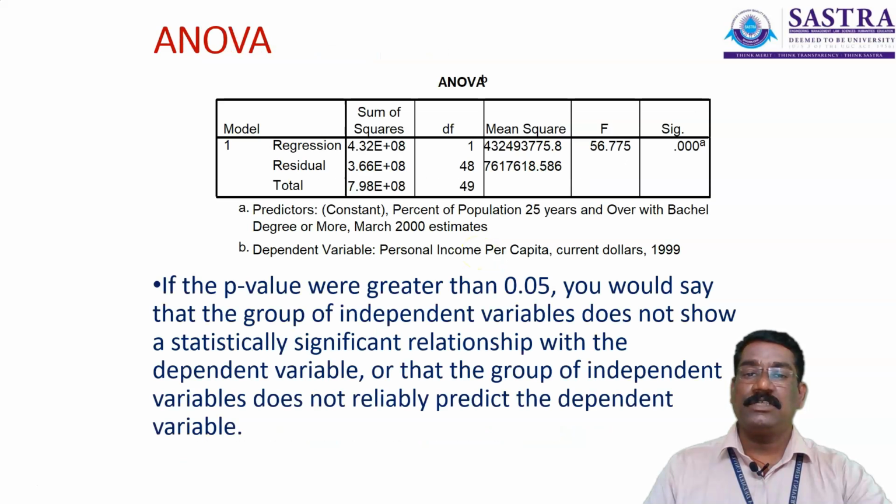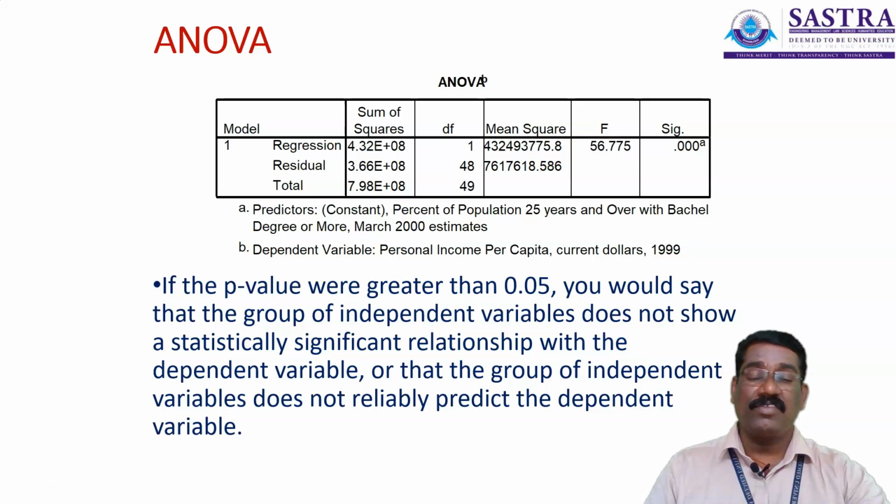Next, the second table we receive out of the SPSS analysis is called the ANOVA table. If the p-value is greater than 0.05, it means that the group of independent variables does not have a statistically significant relationship with the dependent variable.